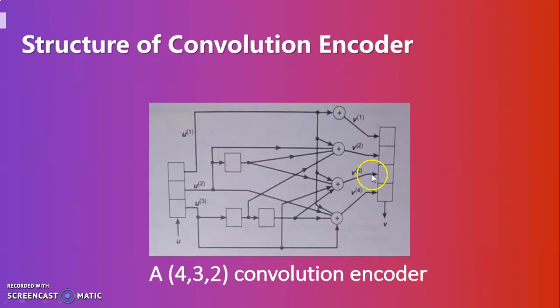And lastly, the outputs, denoted by these 4 lines, are emitted from 4 modulo-2 adders. That's why it is named a 4, 3, 2 convolution encoder. You know that to indicate the dimension, first we write the output, then the input, and last the memory order.